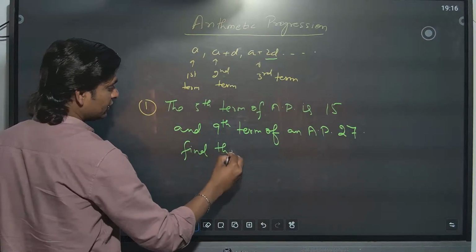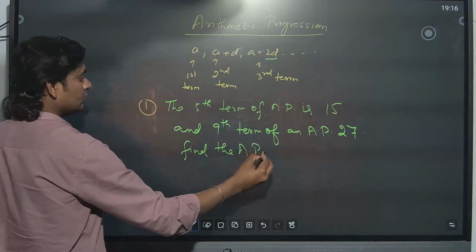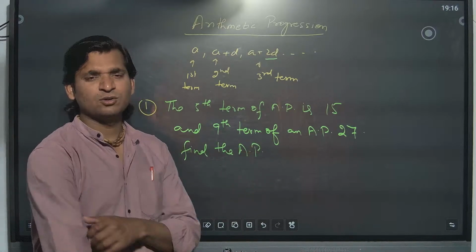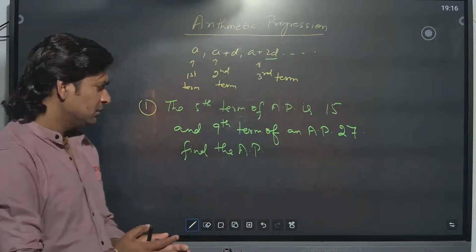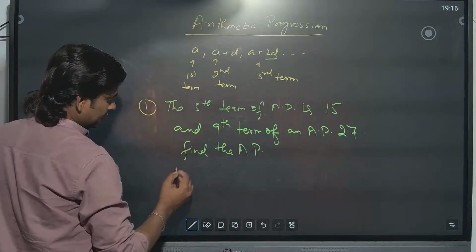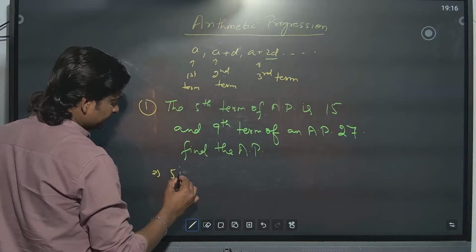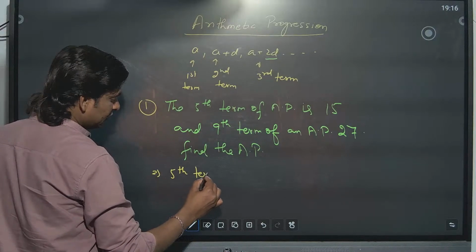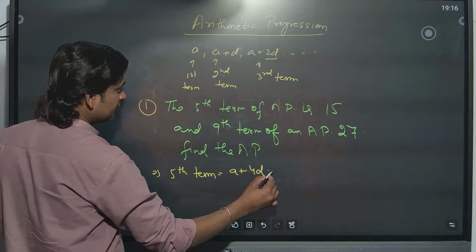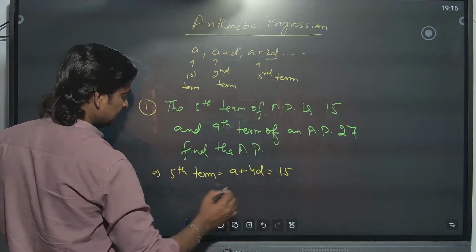This is the question. Then how will you find out? So in this case, what did they give? The fifth term. The fifth term is nothing, what can you write? a plus 4d. That is given as 15.